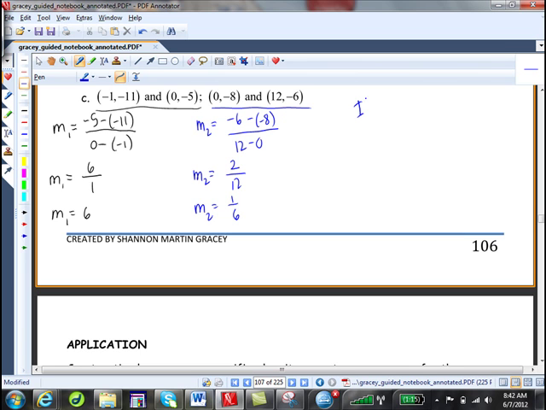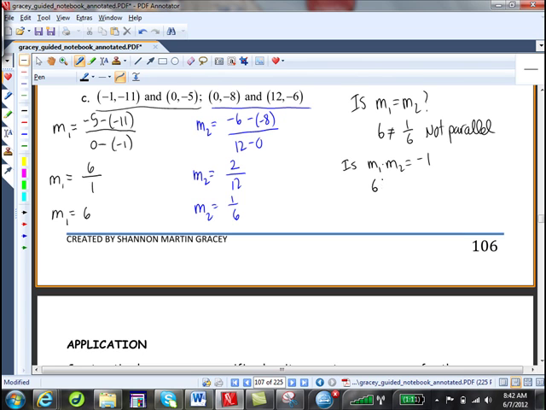So then, keeping our colors consistent, is M1 equal to M2? No, because 6 is not equal to 1/6, so not parallel. Is M1 times M2 equal to negative 1?